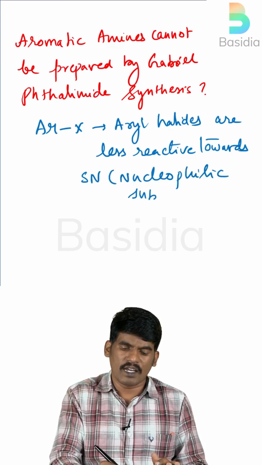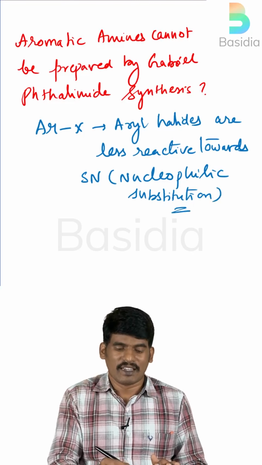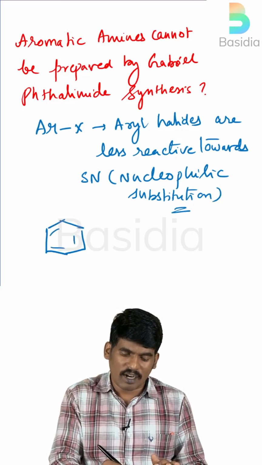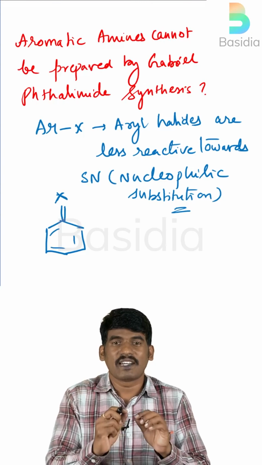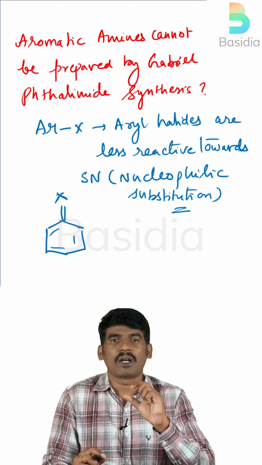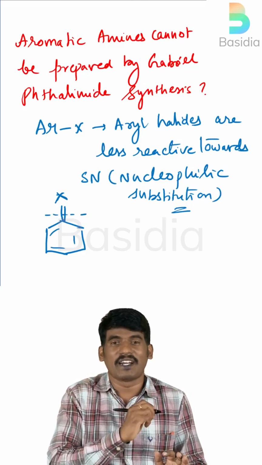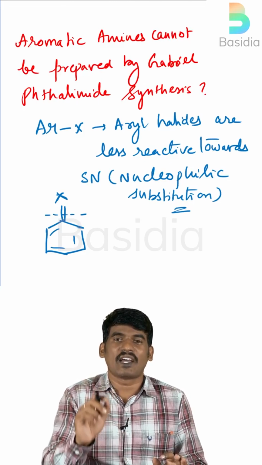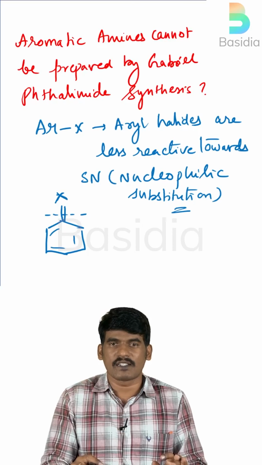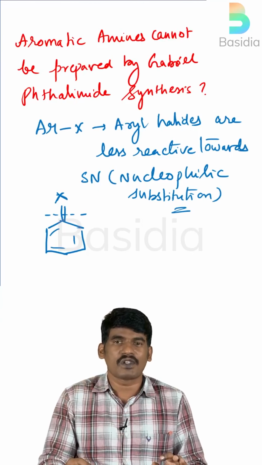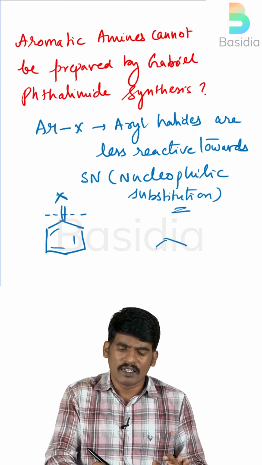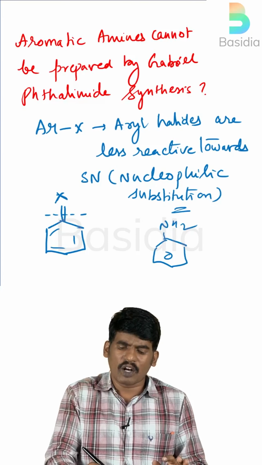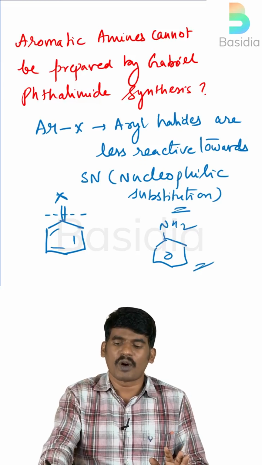The halogen and carbon bond acquires partial double bond character. That means the single bond has become a partial double bond, the bond becomes stronger. It is difficult to break it. That is the reason aryl halides cannot be involved in nucleophilic substitution reactions. So we cannot prepare the aromatic amine. The best example of an aromatic amine is C6H5NH2. Aniline cannot be prepared by this method. It's a very important question also.